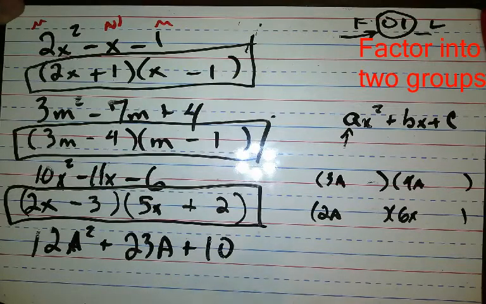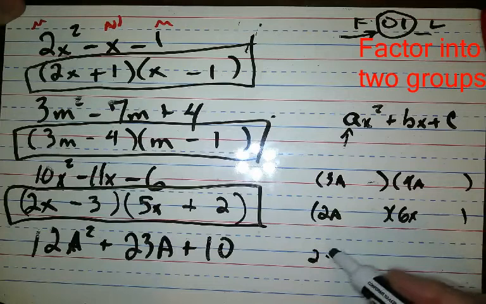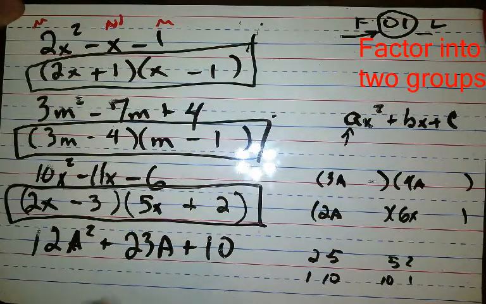And then to get positive 10, well, that's good. There's 2 times 5, 1 times 10. And remember, order is important. 5 times 2 and 10 times 1. So, 2 choices, that's 8 again, right? So once again, we have to try and find which ones multiply to be these numbers on the outside and add up to be the number on the inside.